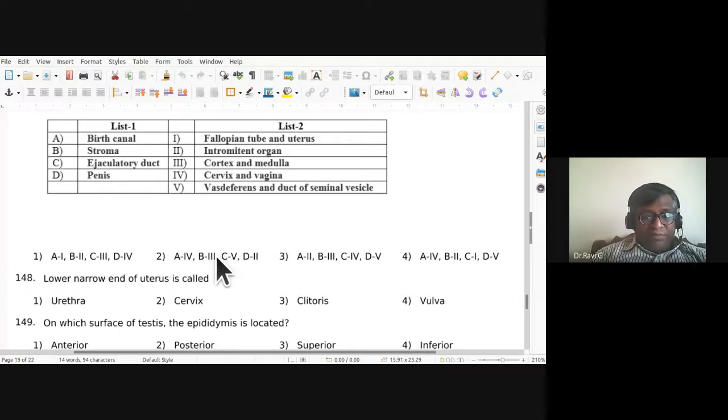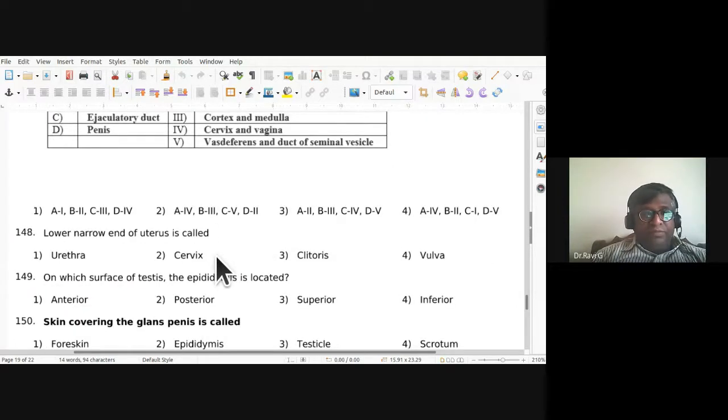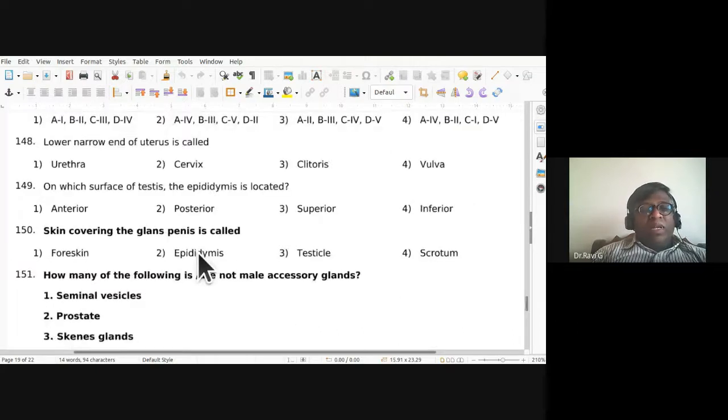148th. The lower narrow end of uterus is called cervix. That is a very simple answer, cervix. On which surface of testis is the epididymis located? Is it the anterior surface, posterior surface, superior surface, or inferior surface of testis?